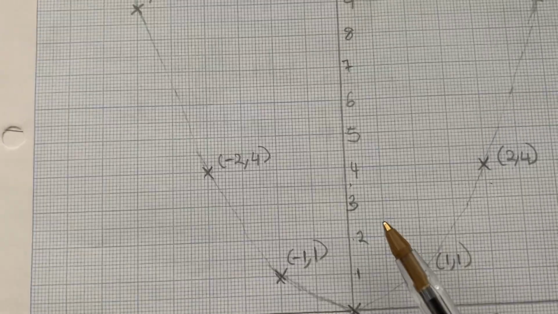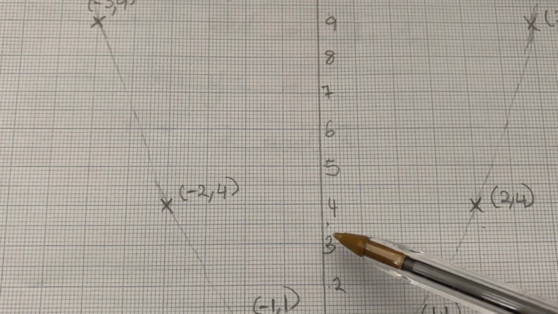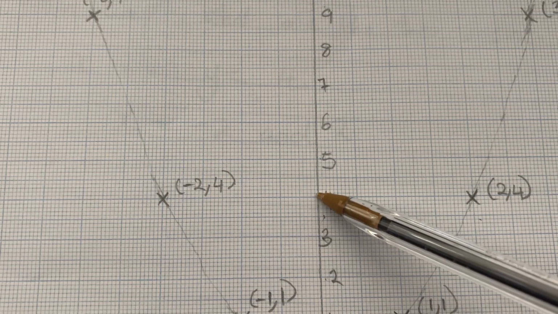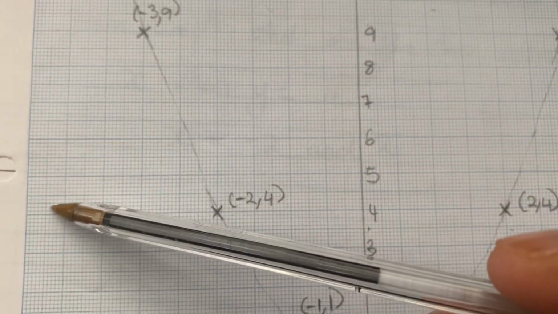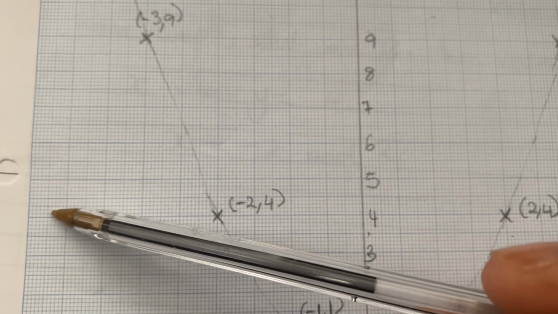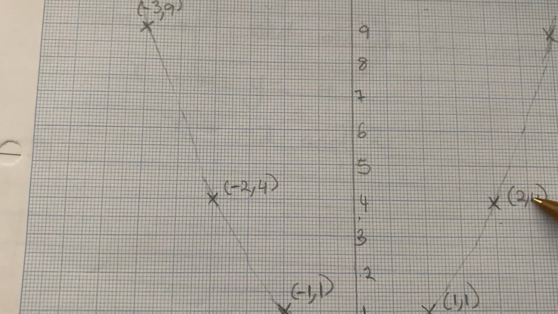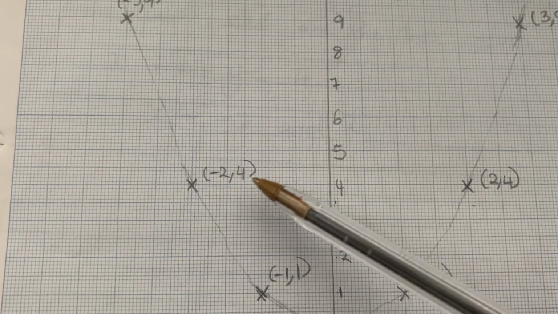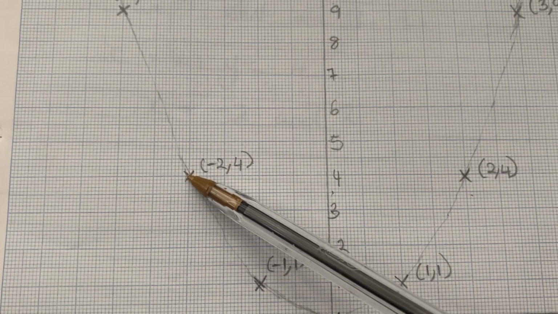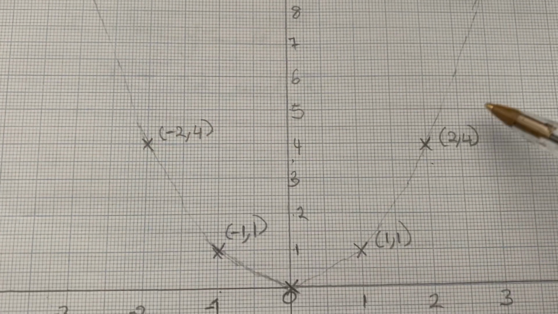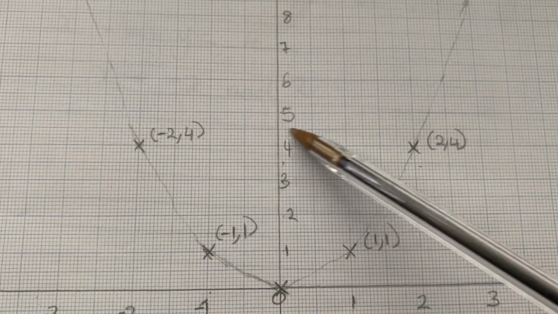So last lesson, we saw the line y equals 4. So y equals 4 is the whole of this line. If you follow my pen, please. Actually, I should have drawn a straight line. So one value of x will be minus 2. The other value will be 2 when y equals 4.